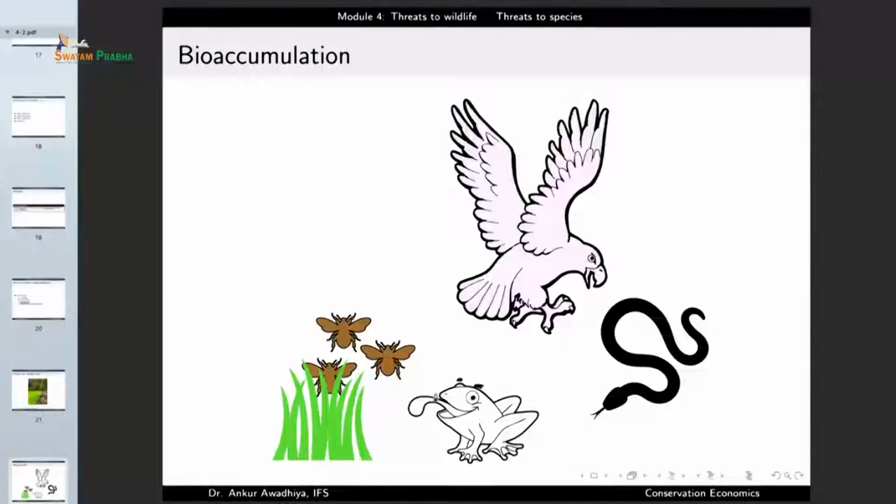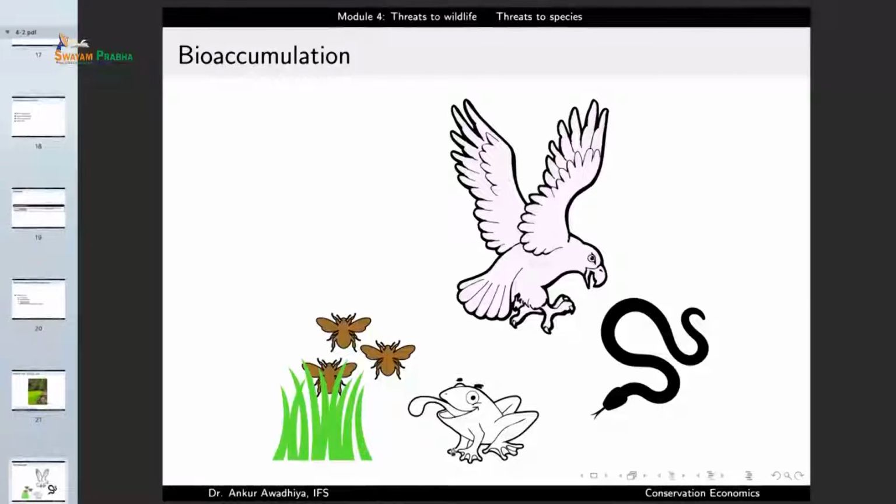One frog will be eating a large number of insects, and a large proportion of the pesticides in the bodies of so many insects will get stored in the body of the frog. So the concentration of pesticides in the grass was very low. It was higher in the insects because one single insect was feeding on a large number of grasses. It is even more in the frogs because one frog is eating up so many insects.